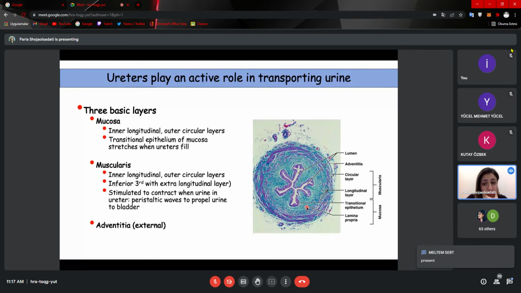It's a very important function. You can see it in here. The inside lumen of this organ is so narrow and only allows the transfer of a small volume of fluid.